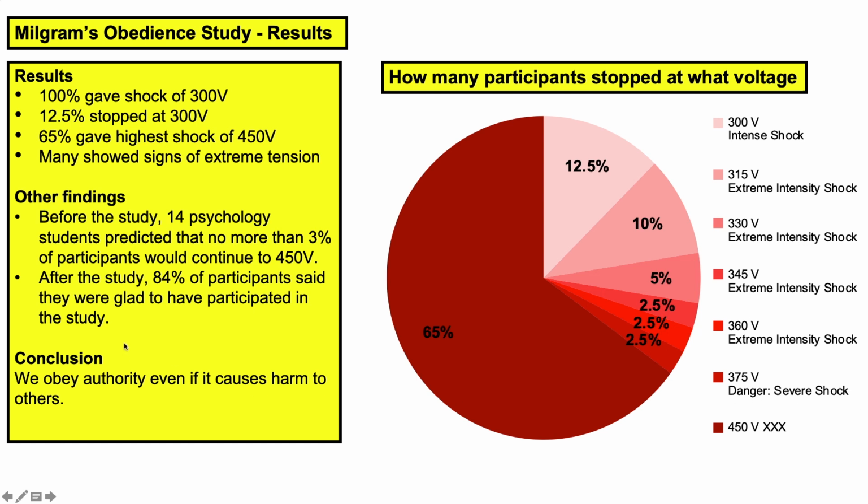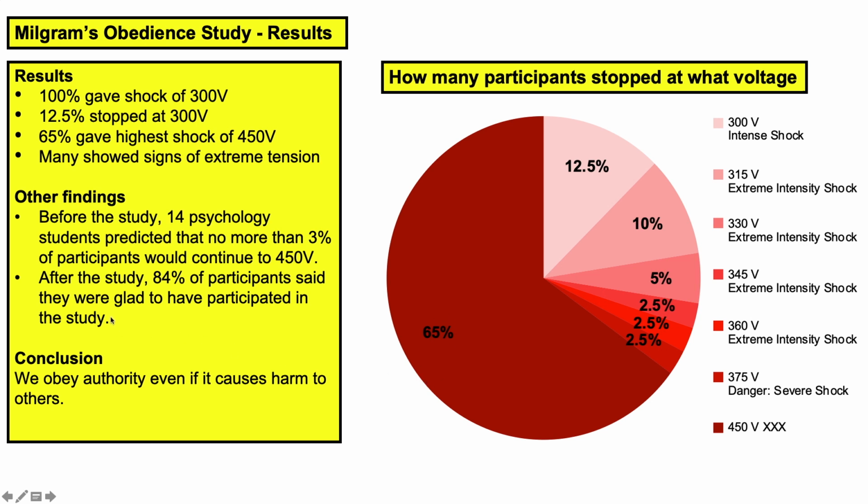Now, some other findings are that before the study, 14 psychology students were asked to predict what the outcome would be, how many would go all the way to 450 volts. And they said not more than 3% are going to go up to 450 volts, which is obviously massively off.